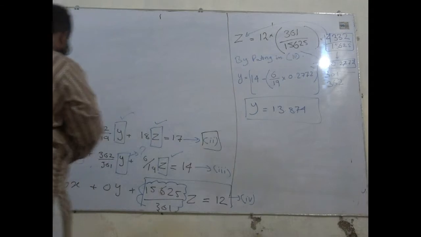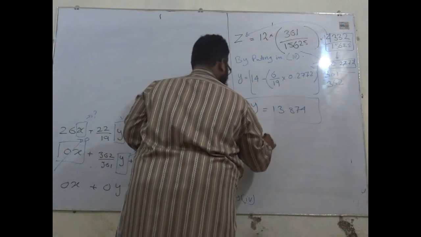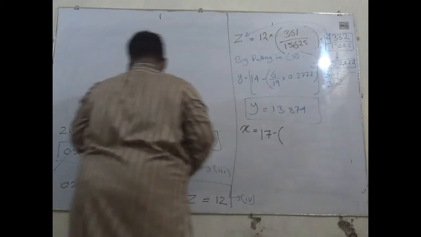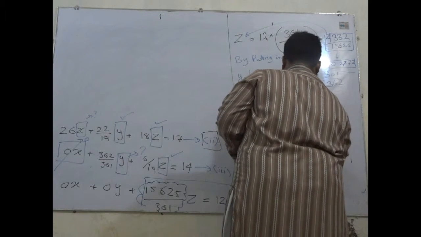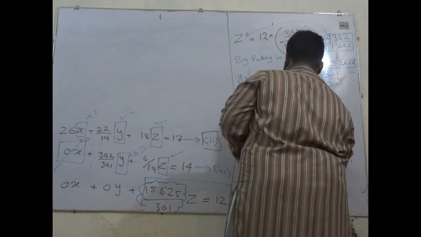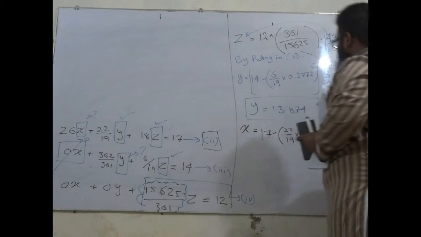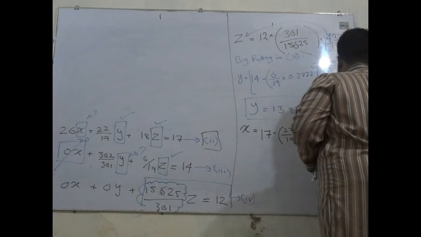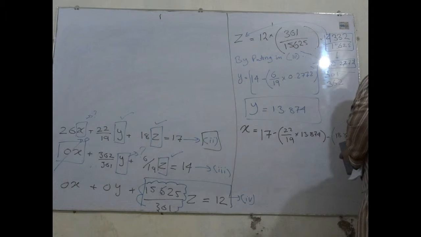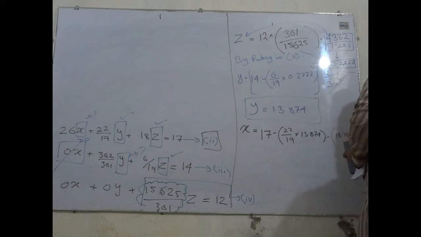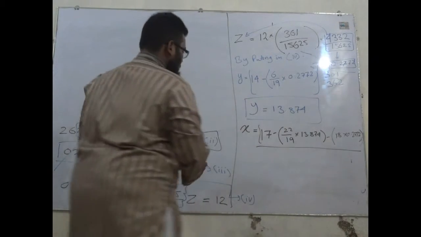I will solve here. Now the equation for x will be equal to 17 minus 22 over 19 into 13.874 minus the value of z, 18 into 0.2772, and we divide it all by the coefficient of x, which is 26.